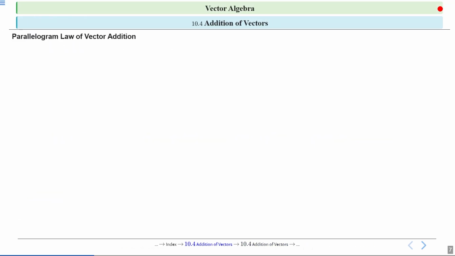Next is the parallelogram law of vector addition. So we are going to explore the parallelogram law of vector addition. This is a fundamental concept in vector algebra that helps us understand how to add two vectors geometrically. Let's look at the statement of the law.